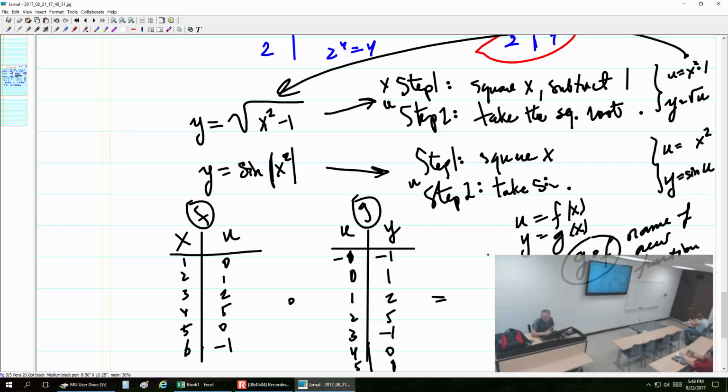So let me compute a little. Let's call the new function h. What is the independent variable of my new function? No, h is the name of the new function.